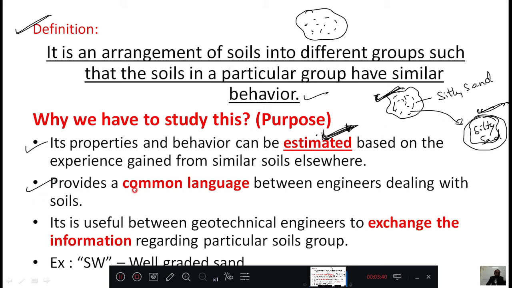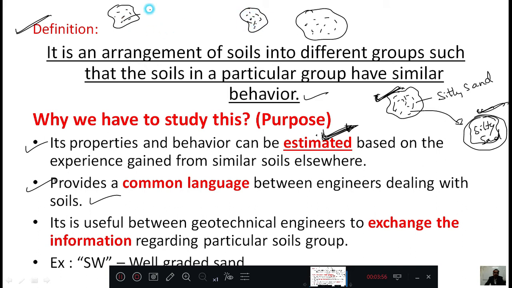And the second point is that it provides a common language between engineers dealing with soil. For example, someone is in America dealing with some soil, and I am in India dealing with some soil.